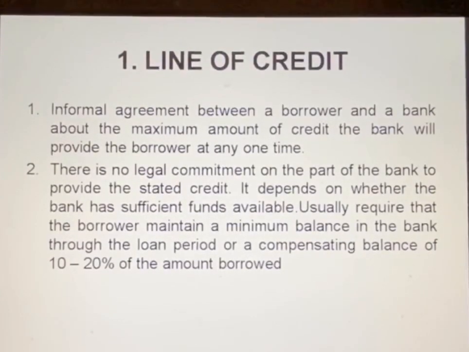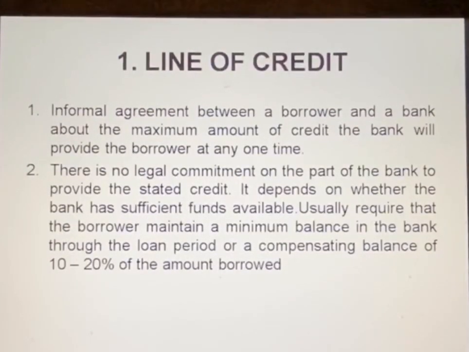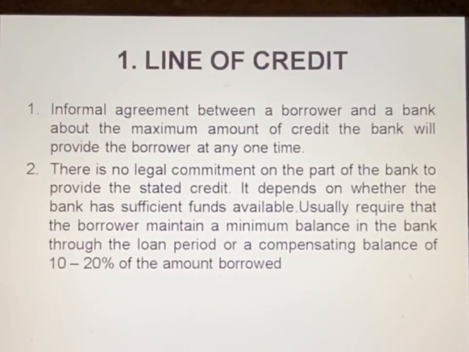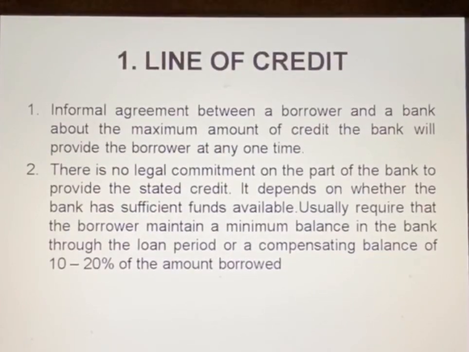It depends on whether the bank has sufficient funds available. Usually it requires the borrower to maintain a minimum balance in the bank through the loan period, or a compensating balance of 10 to 20% of the amount borrowed.